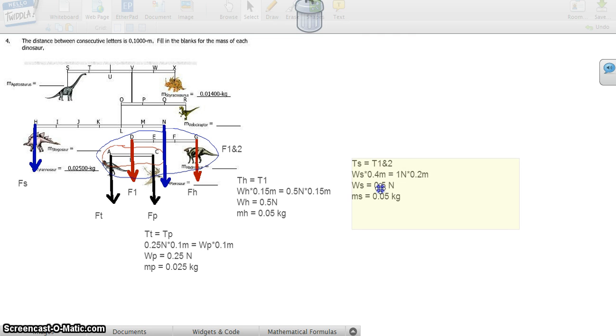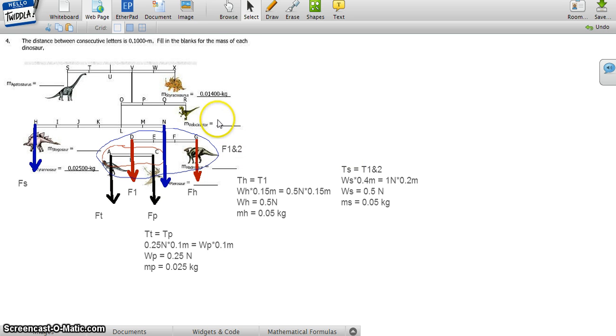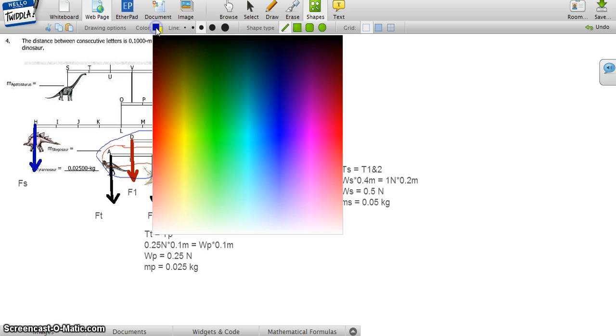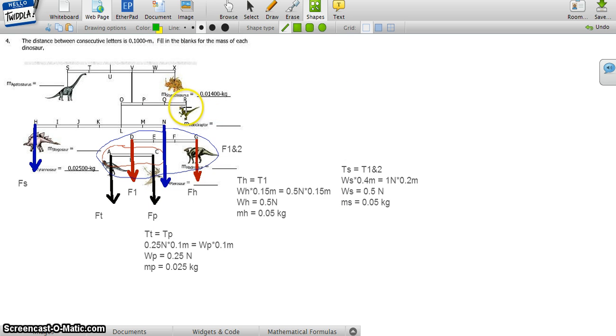Okay, moving right along to the velociraptor, we can see that there is a weight force down for the velociraptor here. And also, all of these combined together will be creating a weight force down at this point.